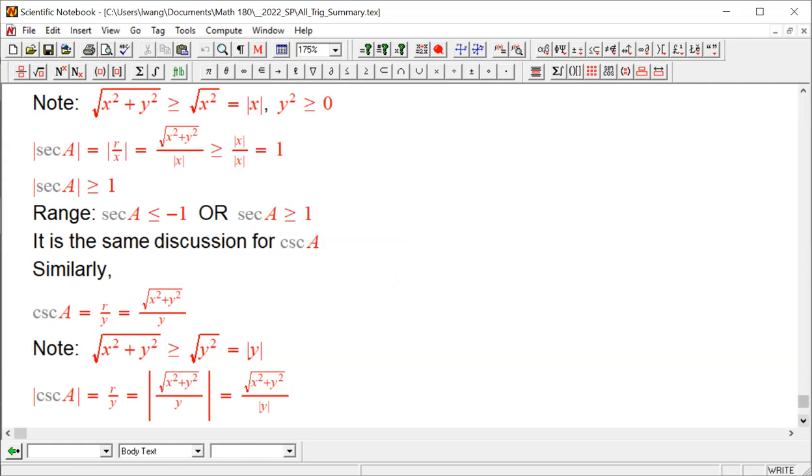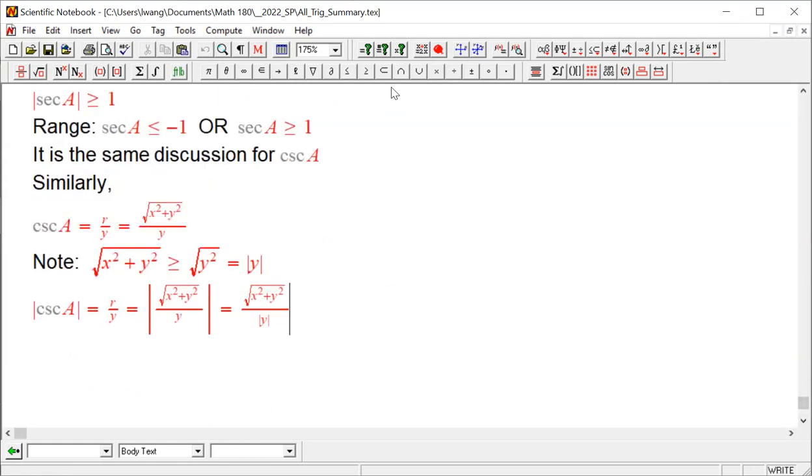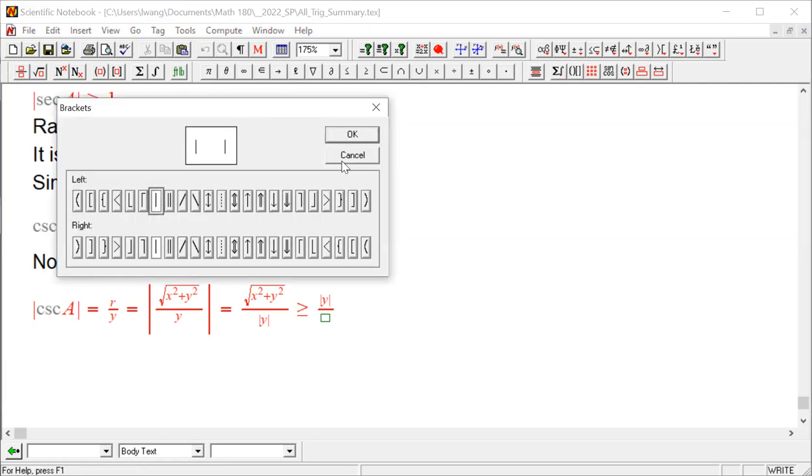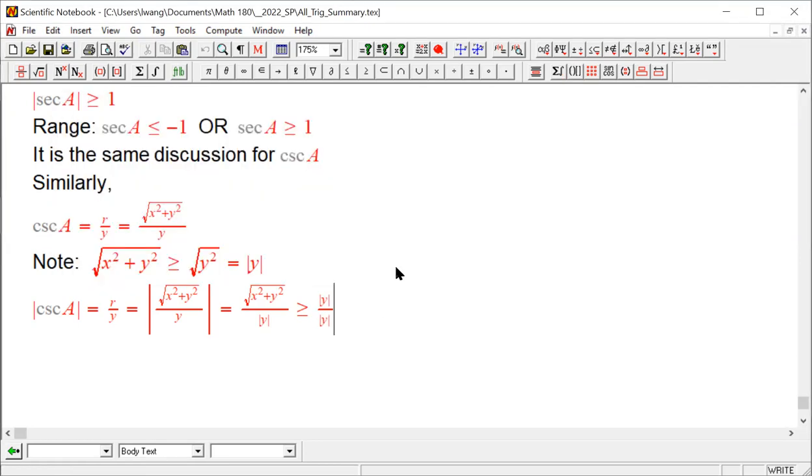Now I can replace the numerator by a smaller number, so that's the absolute value of y over the absolute value of y, and that equals 1, of course.